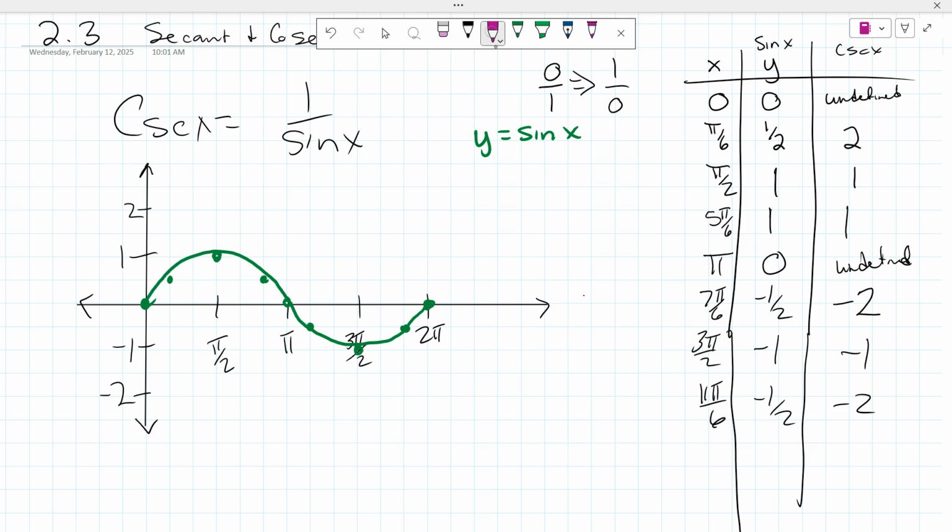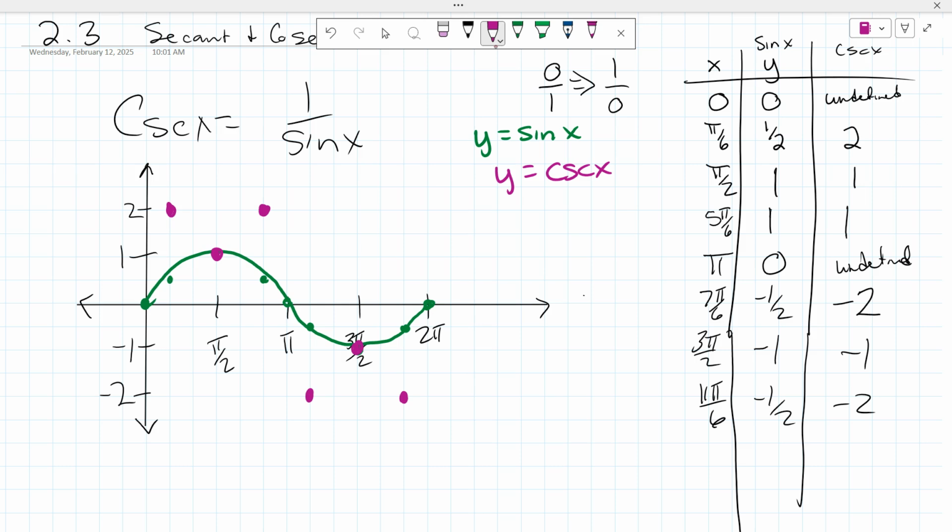And then if I graph my y equals cosecant of x graph, at pi over 2, I'm at 1. Same place where sine is at. Okay, that's where they meet. So I'm at 2 at pi over 6, and at 2 at 5 pi over 6. I'm at negative 2 at 7 pi over 6, and negative 2 at 11 pi over 6. Negative 1 there.